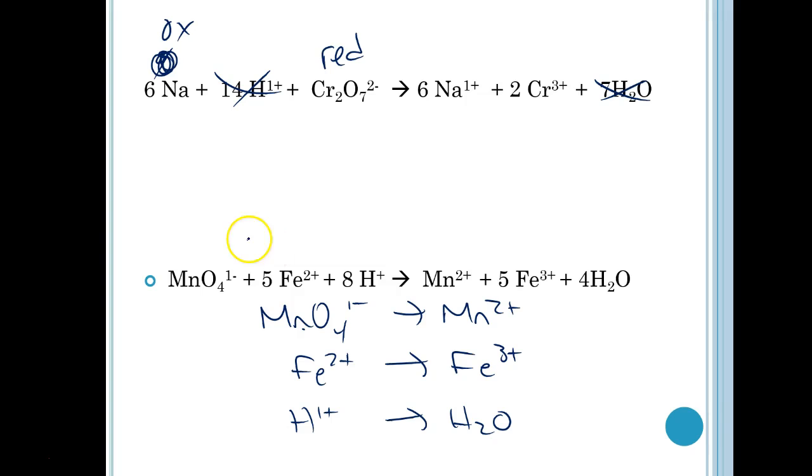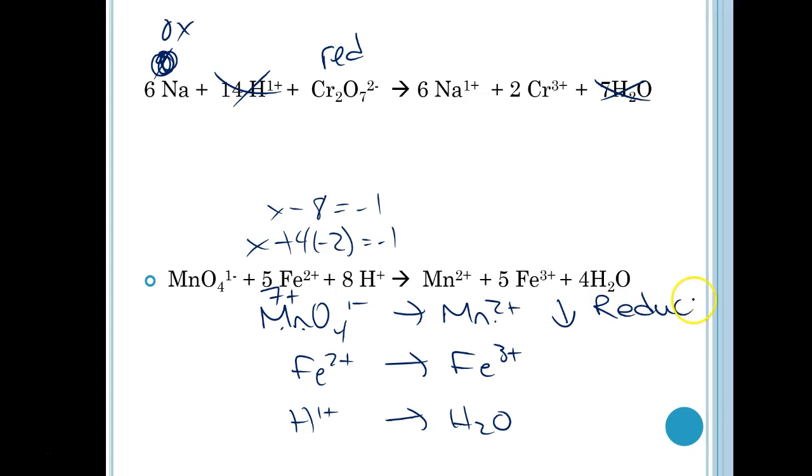Inside here, you have X for the Mn plus 4 times -2 equals -1. X minus 8 equals -1. This is +7. So it went from +7 down to +2. Oxidation number went down. It was reduced. Fe2 plus to Fe3 plus, the numbers are right there.